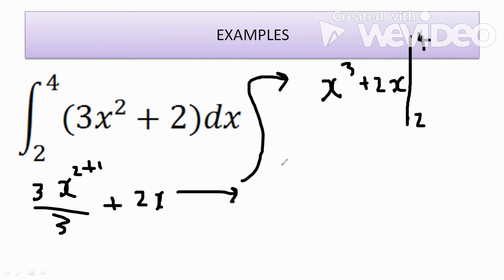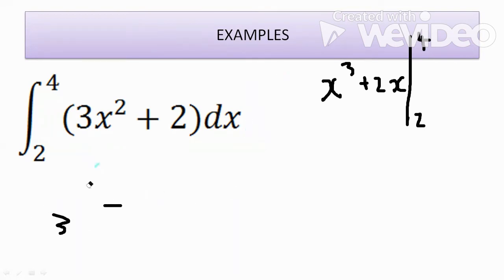So what we're going to do now is replace x with 4. So you're going to have 4 cubed plus 2 times 4.